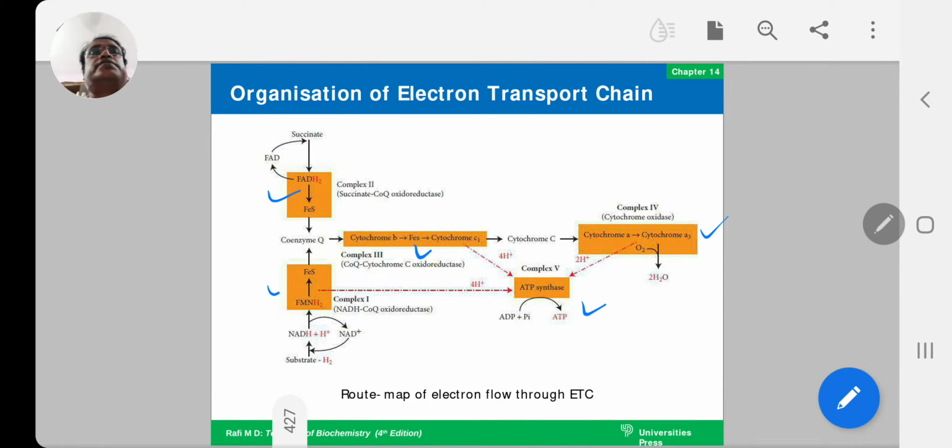These diverse transmembrane complexes contain multiple oxidation reduction centers. Complex 5 is an ATP synthesizing assembly of catalytic component known as ATP synthase. So, 1 to 4 serve as carriers of electrons and complex 5 serves as the ATP synthesizing unit.